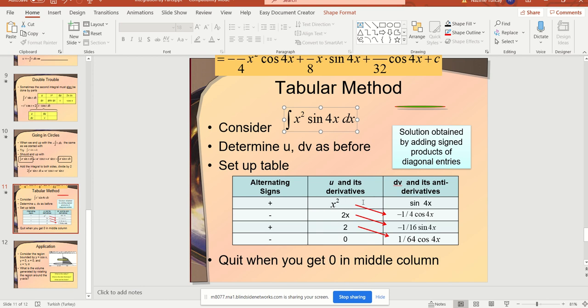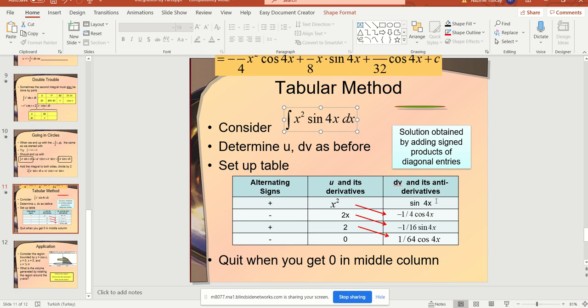It's not important whether we have 5, 7, 8, 9, 10, 11 steps. We continue until we get 0, since after some point the derivative always gets 0.